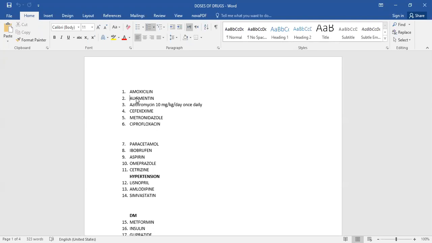Okay. So what are the strengths of Augmentin? You can also use your mobile and see what strengths are available. 1 gram. Okay. If you wanted to use that high, and if you want to go a little downwards, how much?